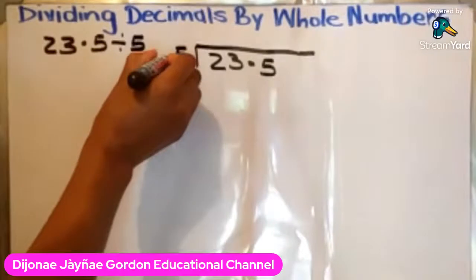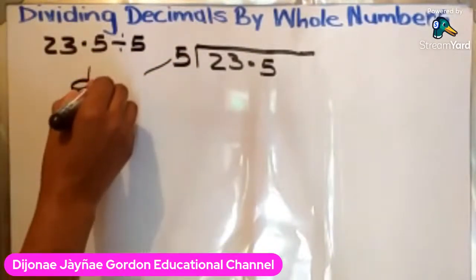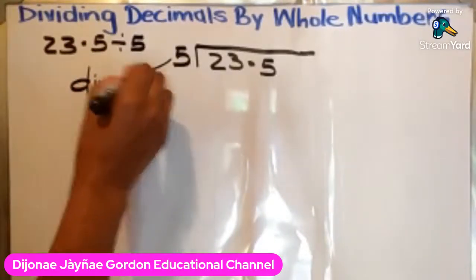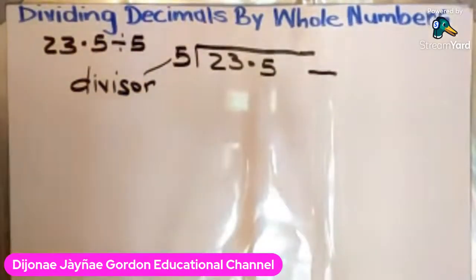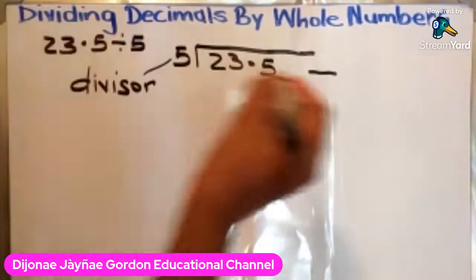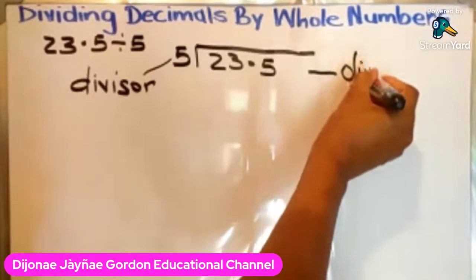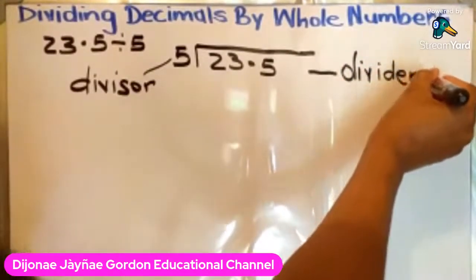Let me write the word divisor so you can see it. That's D-I-V-I-S-O-R, divisor. And this is the word dividend. Let me write it so you can see it clearly. D-I-V-I-D-E-N-D.